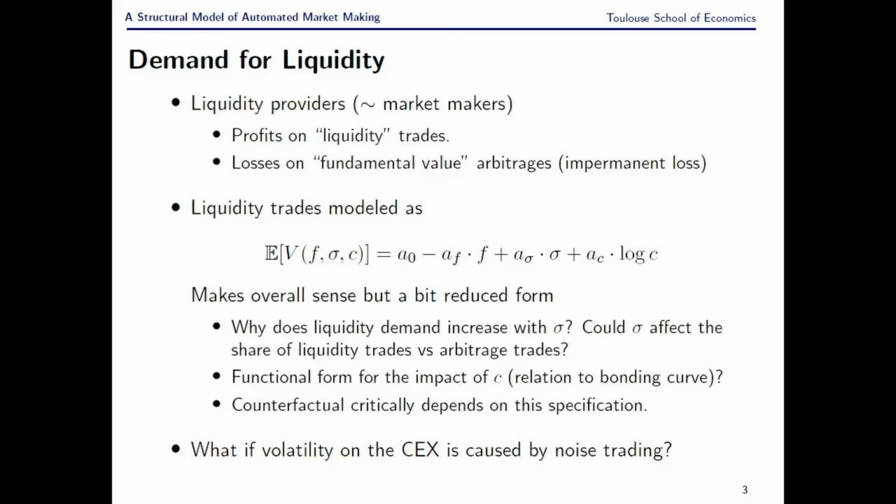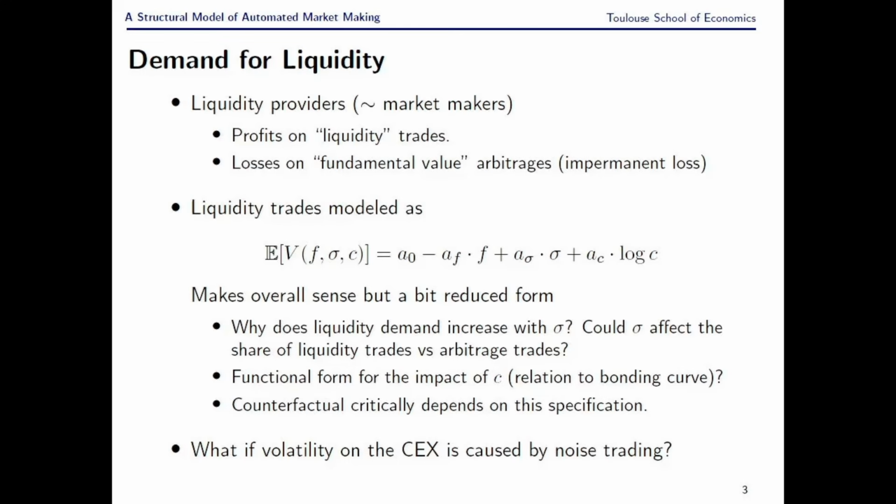Log seems fine to me, but that's something you could potentially refine a bit and say it's a cost in the end, and it comes really from this mechanical price impact. So that's potentially something that you could microfound. Of course, in the end, this is flexible enough to accommodate any kind of model, but your counterfactual, for instance, is going to depend on the functional form that you pick, right? So this is not completely innocuous.